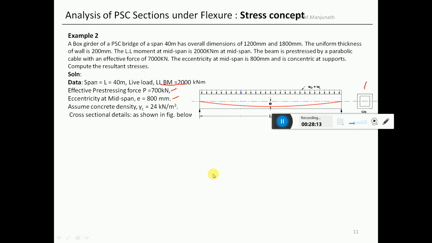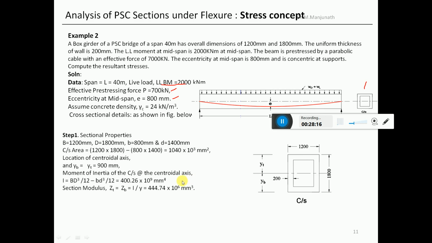So first, as usual, we will determine the cross-sectional properties. So it is a symmetric box section, hollow. So the cross-sectional area is obtained by taking the outer rectangle and subtracting the inner rectangle, and the centroidal axis, since it is symmetric, total height being 1800, is located such that YB is equal to YT is equal to 900 mm.